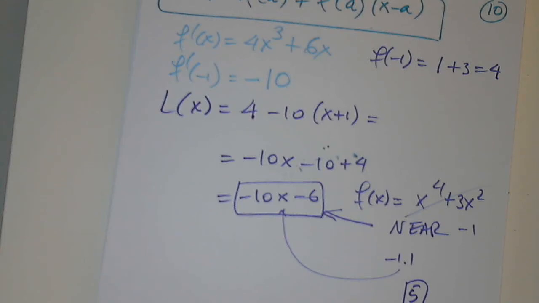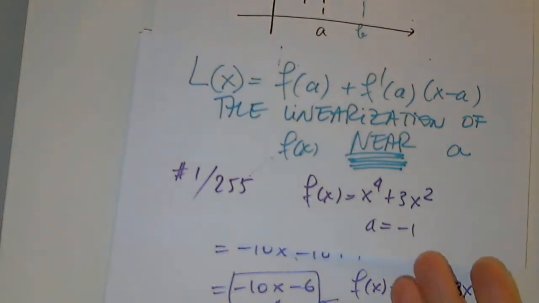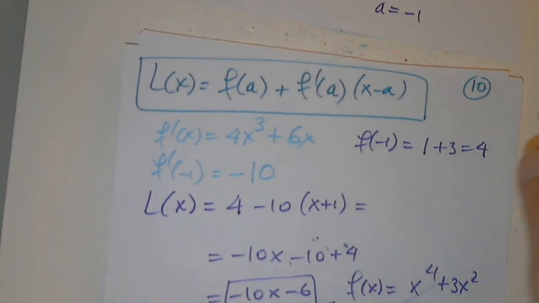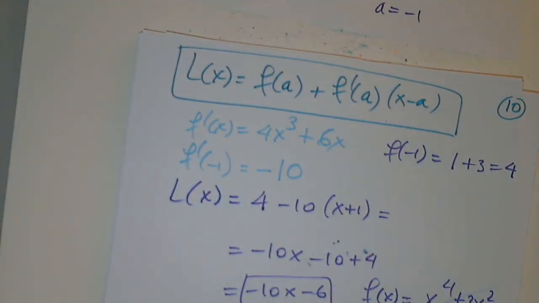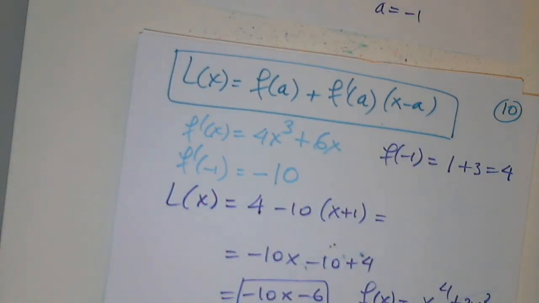Quick, because a linear function is much easier to evaluate than any other function. But it has to be near -1. This linear function will not help us evaluate at any other point, but very, very close to -1. Now, if you change a and you say, I don't want a to be -1, I want a to be 10, then you will create a new linear function with 10 in here, f of 10 and f prime of 10, and this will change.